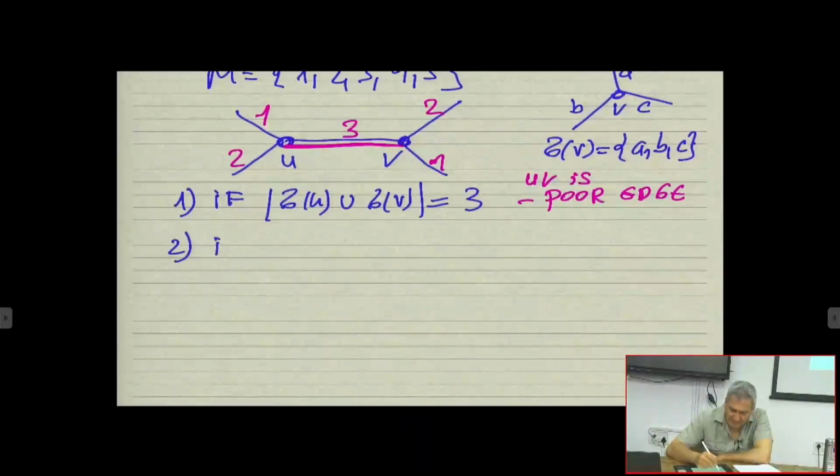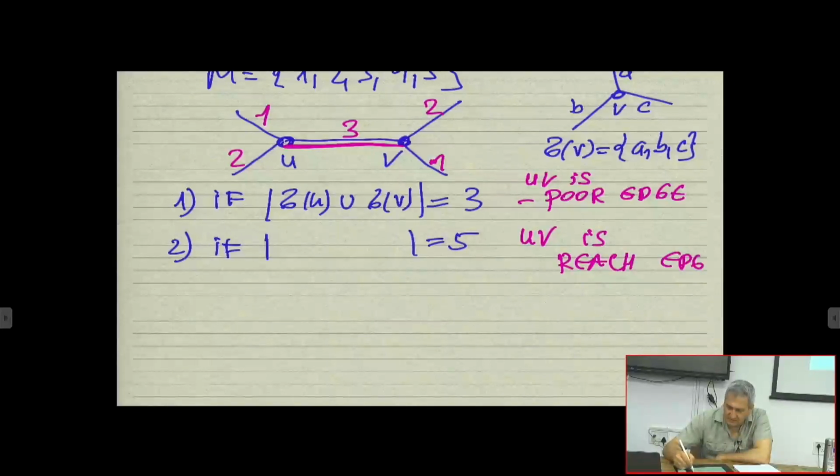If this union is equal to 5, then UV is rich.